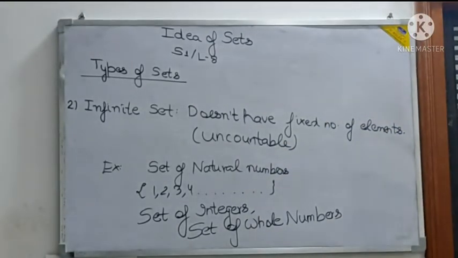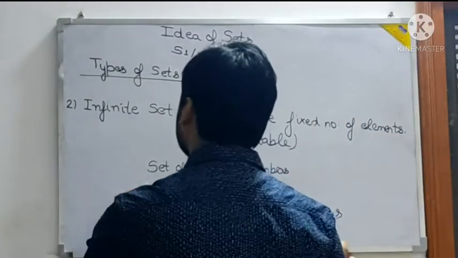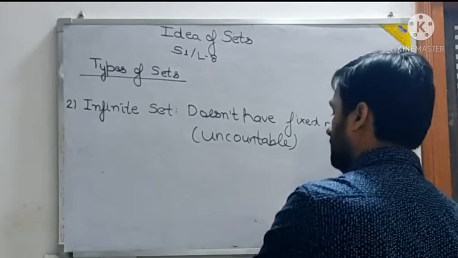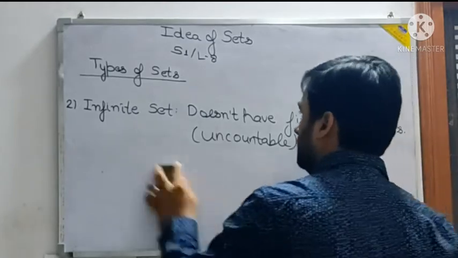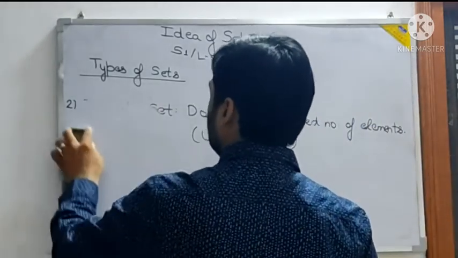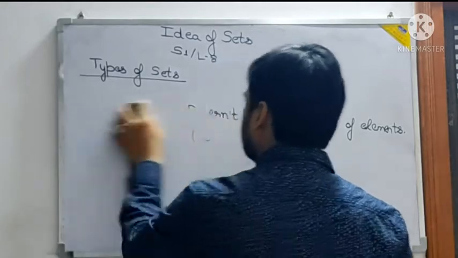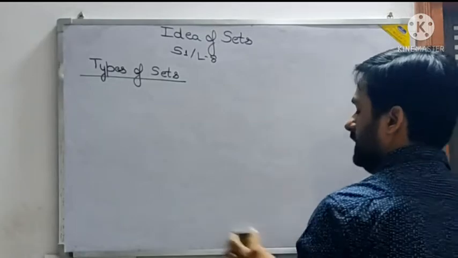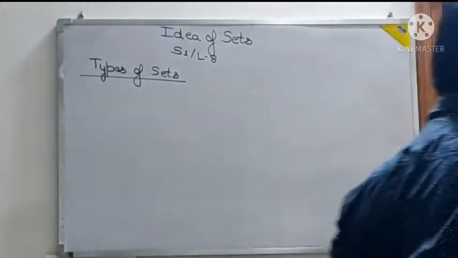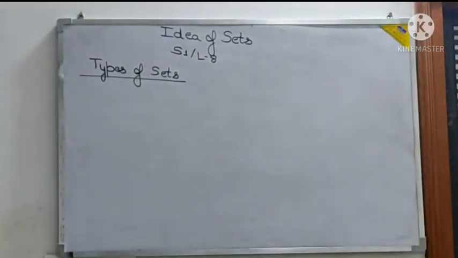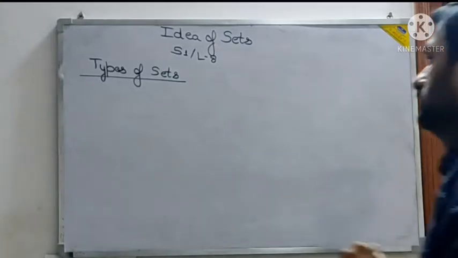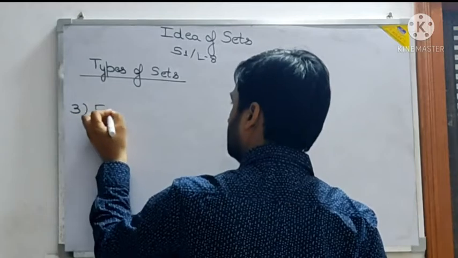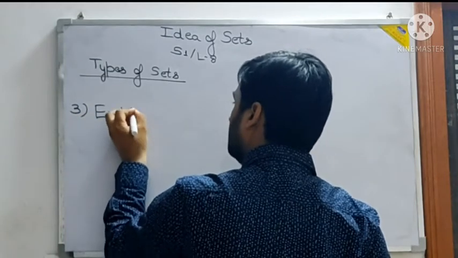I hope this is clear to you. The third type is called the empty set. Empty means it doesn't contain anything. That means no element. The third type is the empty set, e-m-p-t-y.